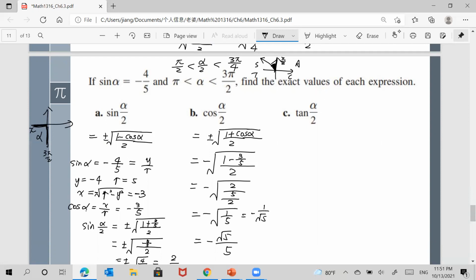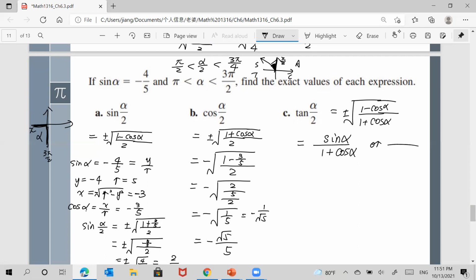So if you use this one, it's okay. 1 minus cosine alpha over 1 plus cosine alpha. Can we use a simpler one? So it has a square root. So can we use sine alpha over 1 plus cosine alpha?